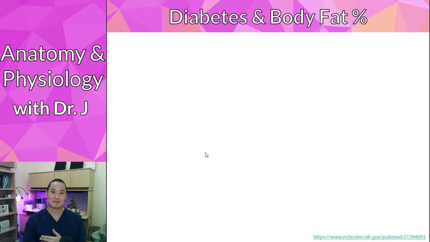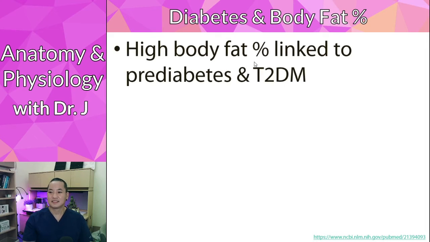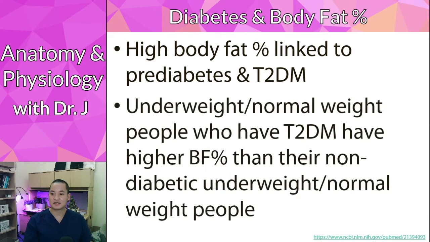Everyone who's studying diabetes and body fat percentage is using any combination of these measurements. Having a high body fat percentage is linked to prediabetes and type 2 diabetes mellitus. So the more body fat a person has, the more risk they have of developing prediabetes or type 2 diabetes mellitus.